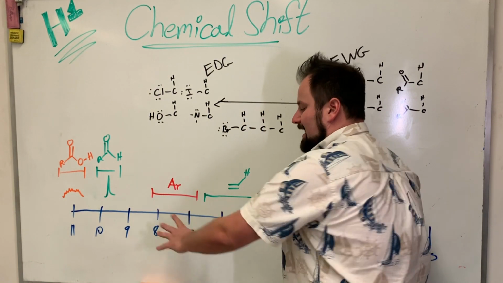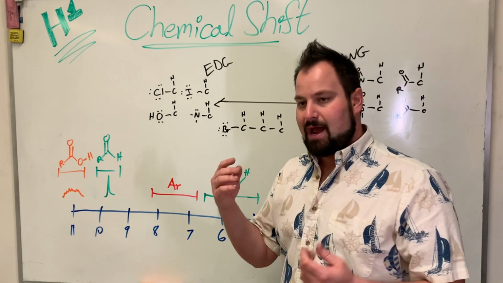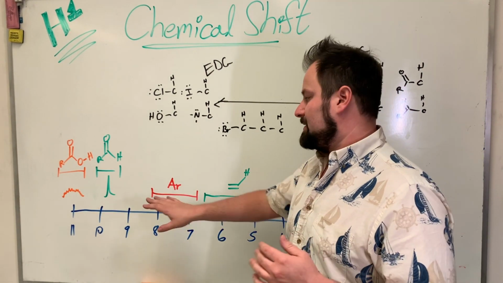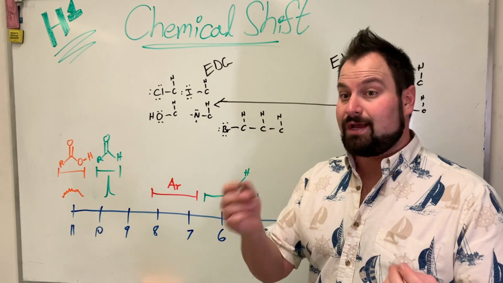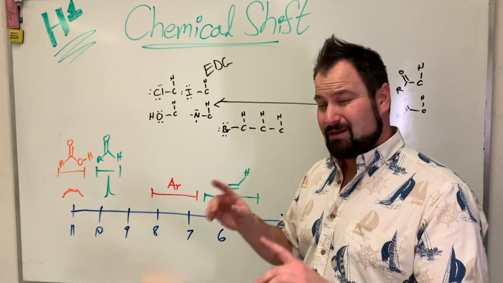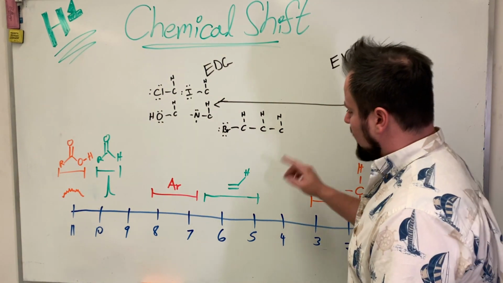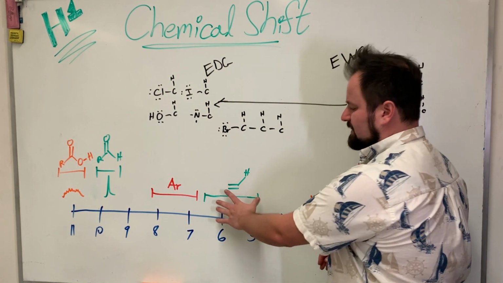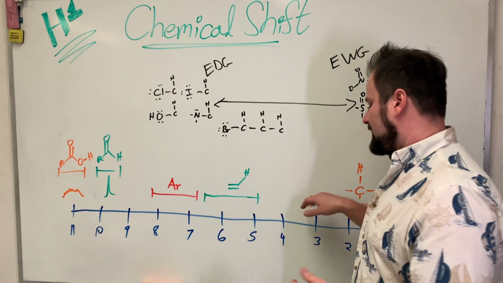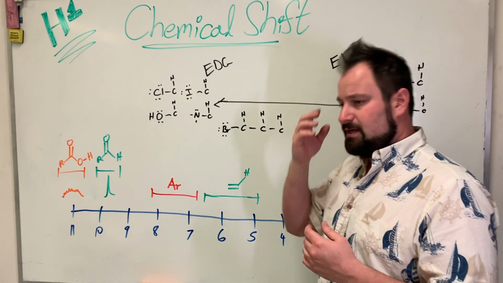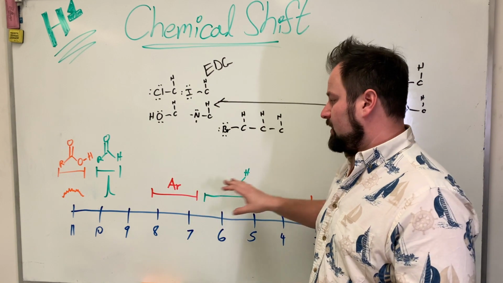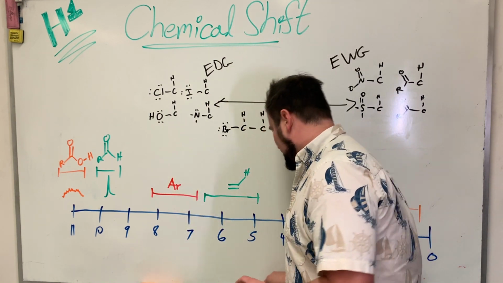Then 7 to 8 is usually where all the aromatics show up, and that happens a lot. There's some more to talk about with aromatics, a few other quick ones you can see, but I want to talk about the other things first, so we'll get back to that. Next, 5 and 6, we're going to see usually double bonds. Triple bonds also show up somewhere around here, a little lower for the triple bond H. Of course, all of these are the H's on them.